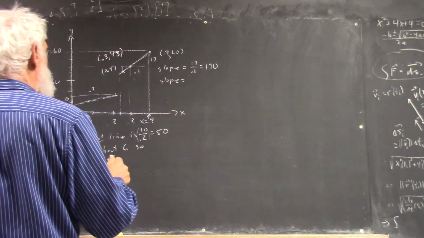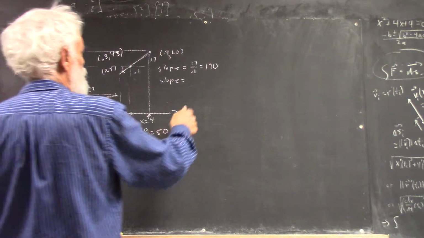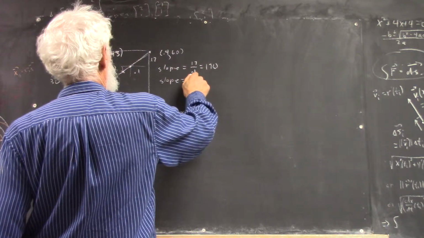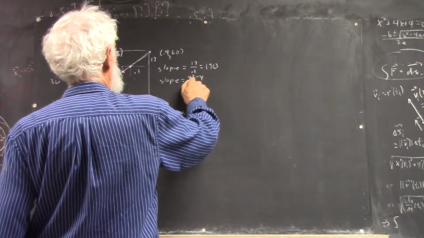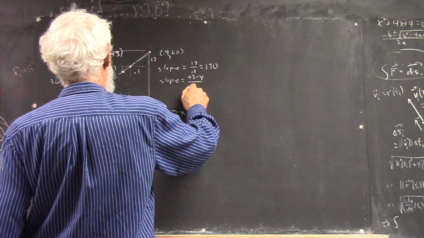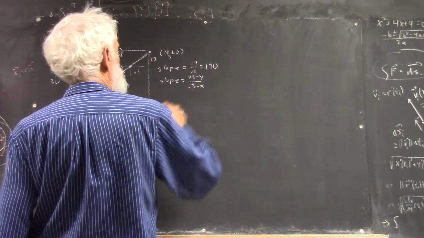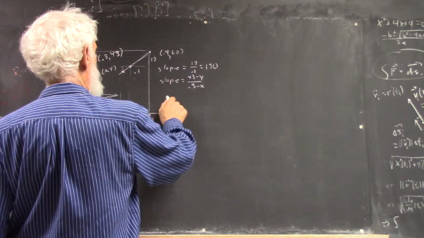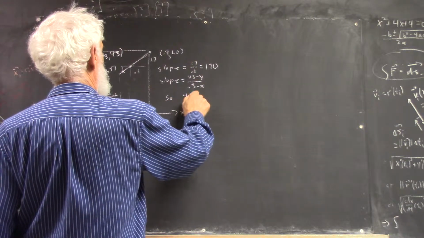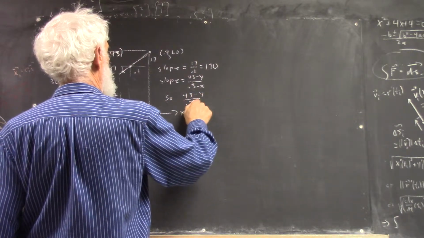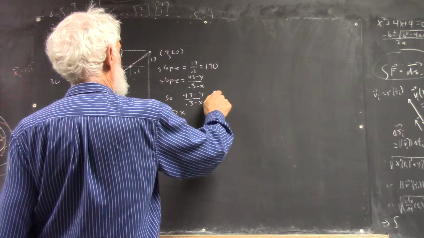And I've got it wrong. It's 43 minus y. I guess I got it right. Okay, so it's 43 minus y, that's the rise, and 0.3 minus x is the run. So 43 minus y over 0.3 minus x equals 170.